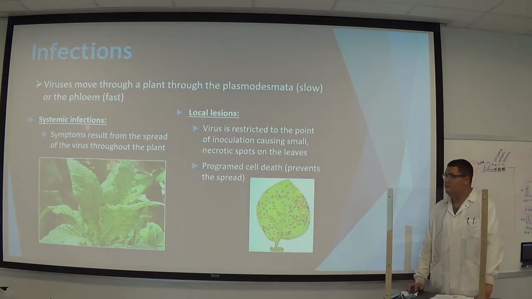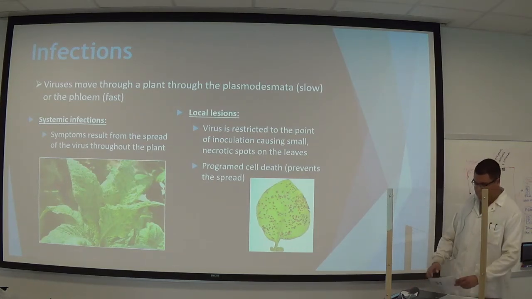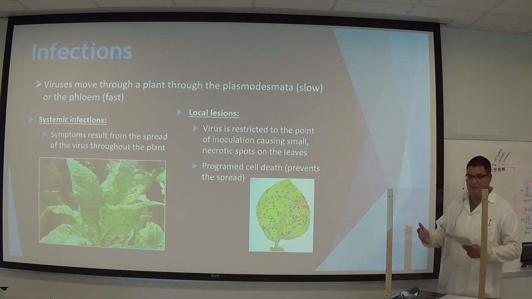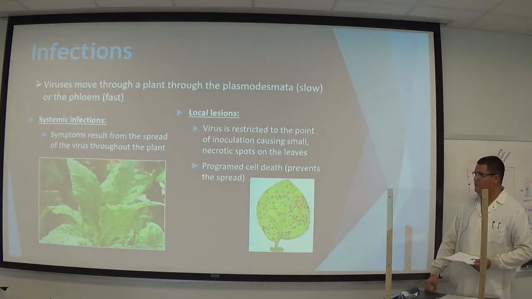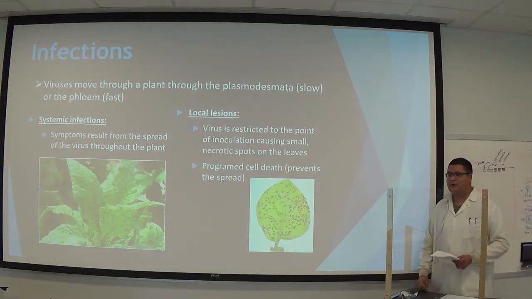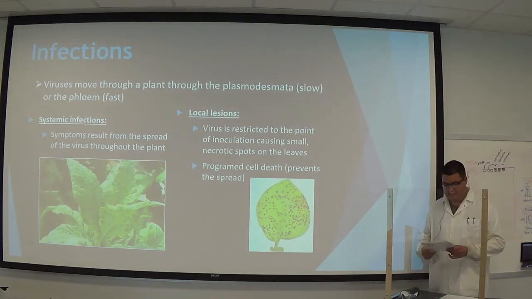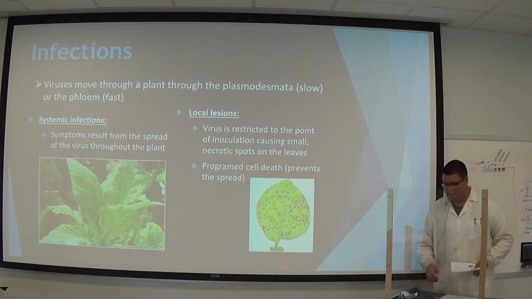The movement of the virus throughout the entire plant is called a systemic infection, and by then it usually enters the vascular tissue of a plant, and that's how it gets to all the leaves and every single part of the plant, even in the roots. And this typically happens when the cell death response of the plant is not fast enough to deal with the virus.